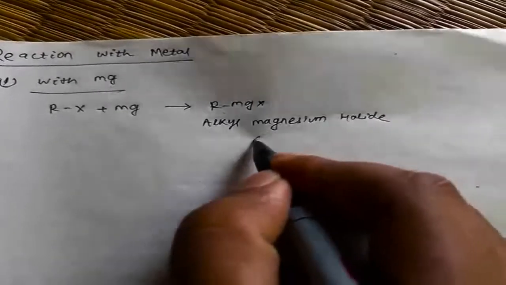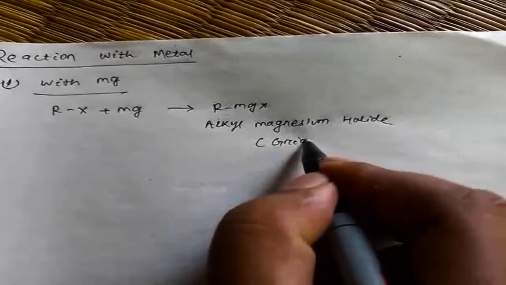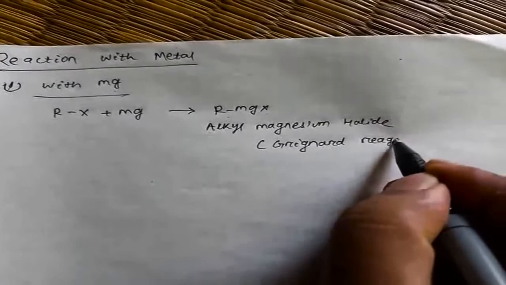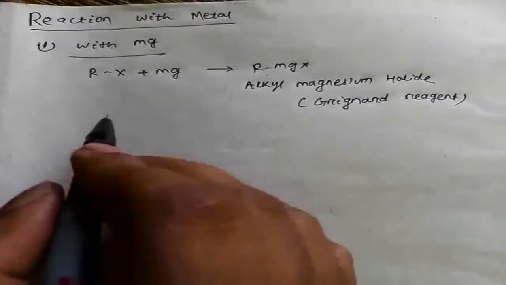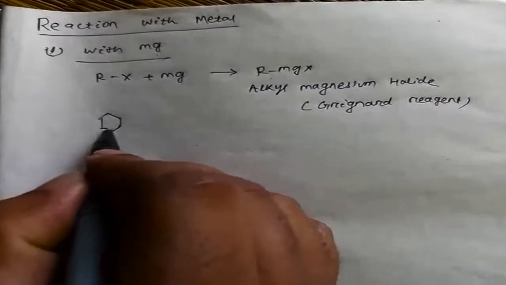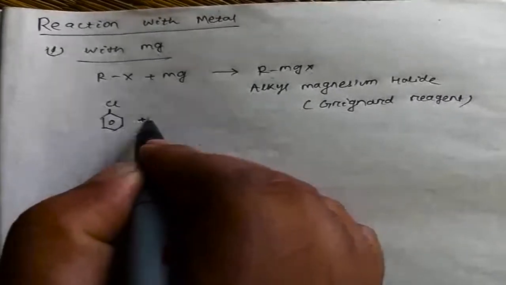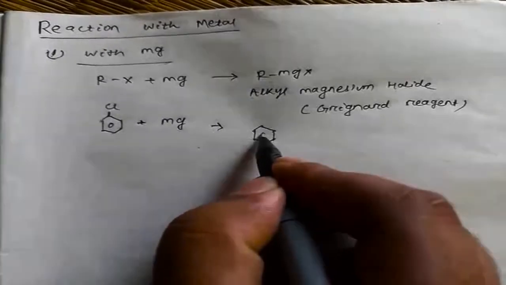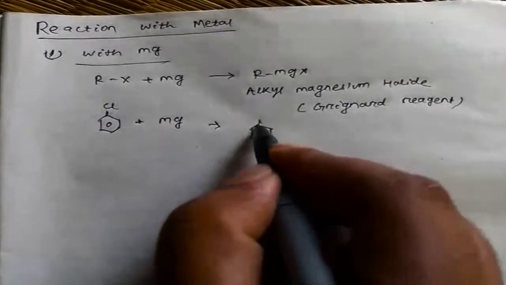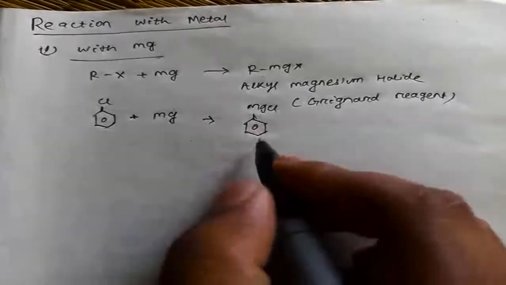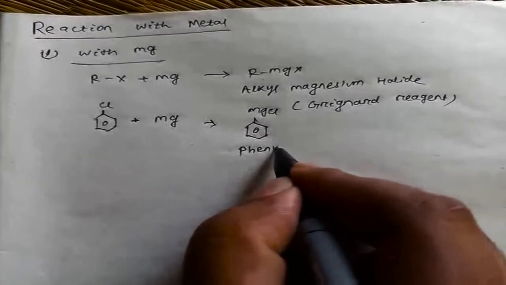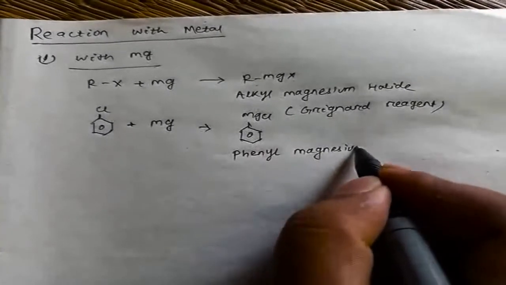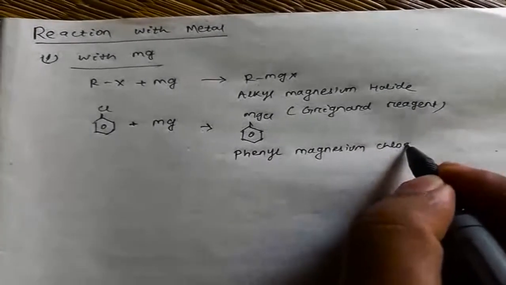This is called Grignard reagent. Similarly, chlorobenzene reacts with magnesium to give benzene with Mg combined with Cl to give MgCl. This is called phenyl magnesium chloride.